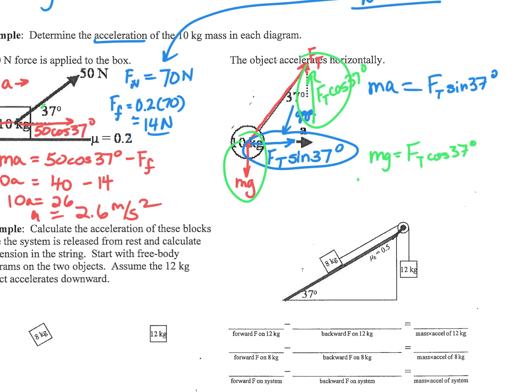So this is 10 times 10 equals the force of tension cosine of 37 degrees, divided by the cosine of 37. So the force of tension is going to end up being 100 divided by the cosine of 37.